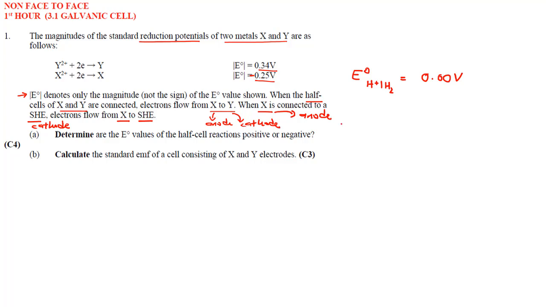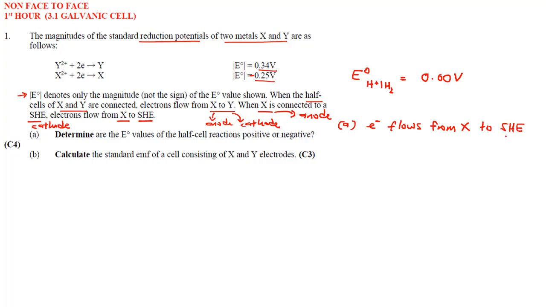Itu yang dia suruh kita tentukan dekat bahagian A itulah. Dia suruh determine are the E naught values of the half cell reaction positive or negative lah. So kita tentukan one by one lah. So first bila kita tengok electron tu flow from X to SHE, electron flows from X to SHE.